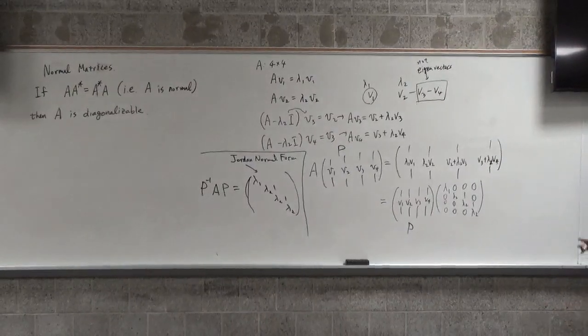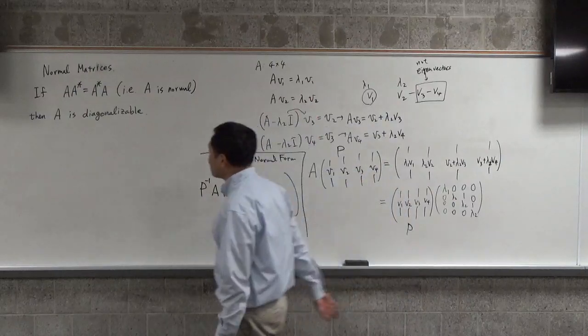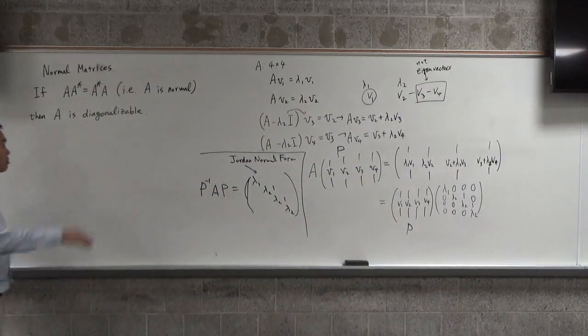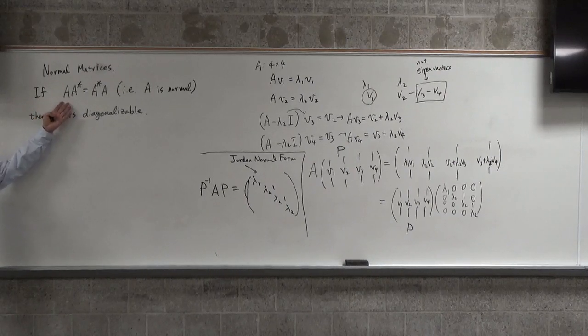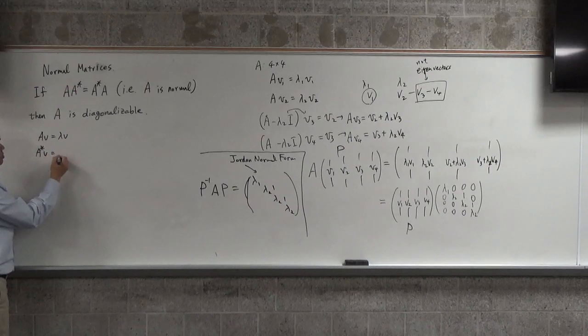Okay. So going back, we did a review of what Jordan canonical form, Jordan normal form is. And we actually know another thing about normal matrices. We know that if AV is equal to lambda V, then A star V is equal to lambda bar V. Right?